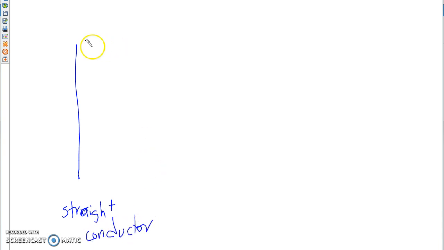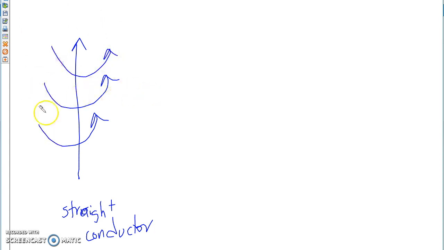Now, this discovery was made by Hans Christian Ørsted, who said that if I have a straight conductor, of course without any insulation on it, and I want to figure out where the magnetic field will be around this conductor, then I would hold this conductor or pretend to hold it in my right hand.